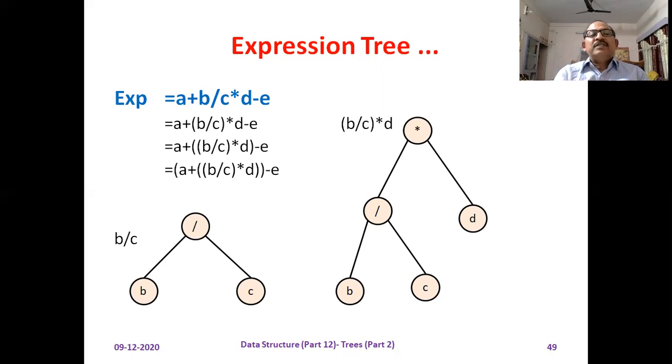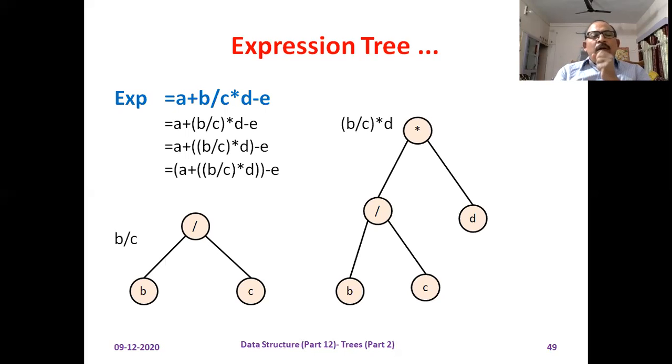In the second step, the result of b divided by c is multiplied by d and we keep this in another pair of brackets. In the next step, we add a to this resulting expression.